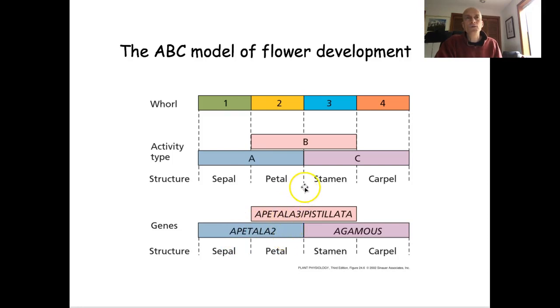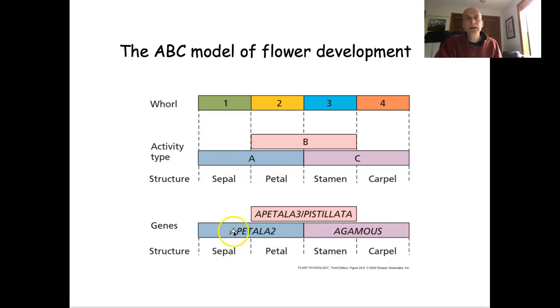So let's walk through this step by step. What this model suggests is that in these 4 whorls, 1, 2, 3, 4, there are 3 activity types, A, B, and C. These activity types are correlated with the expression of the genes in these particular whorls.